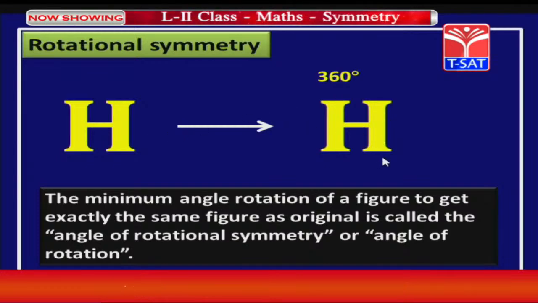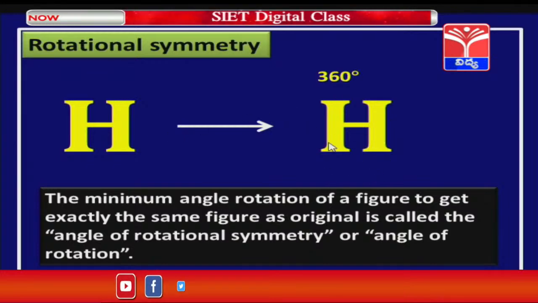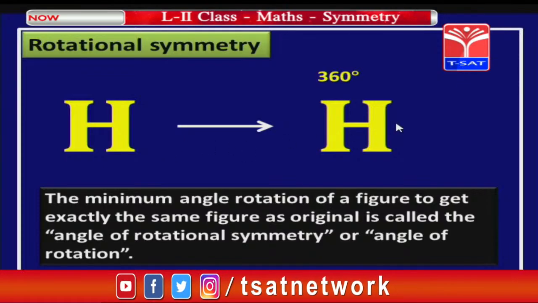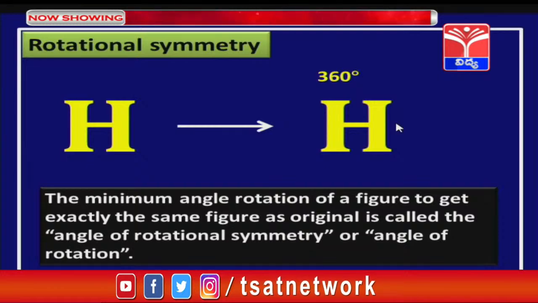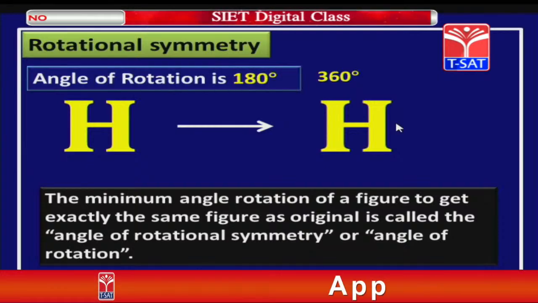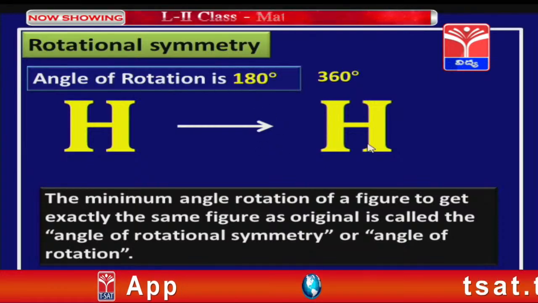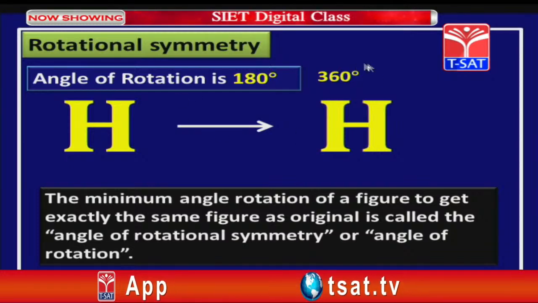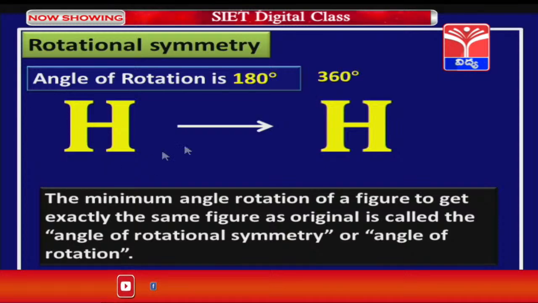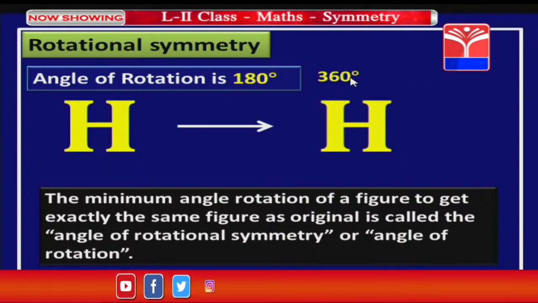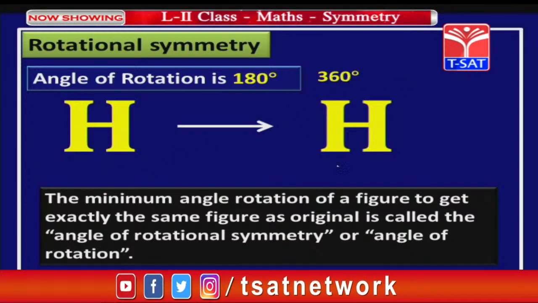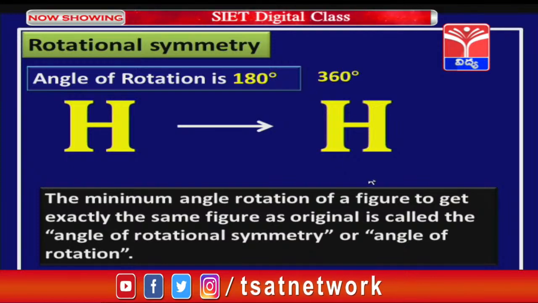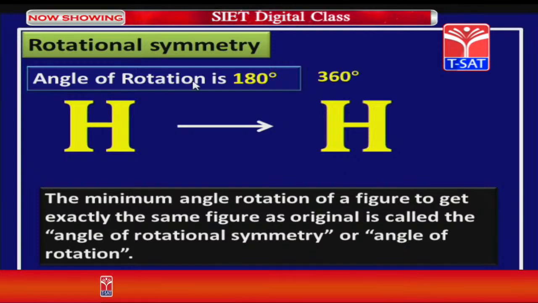Now, the angle at which you got the same figure for the first time is called the angle of rotational symmetry. That means, here I can say the angle of rotation is 180 degrees or angle of rotational symmetry is 180 degrees. Even though we are getting another same image when we rotate to 360 degrees, for the first time we got it at 180 degrees. Now, that angle is called the angle of rotation.